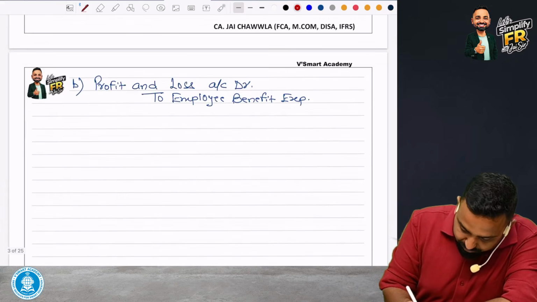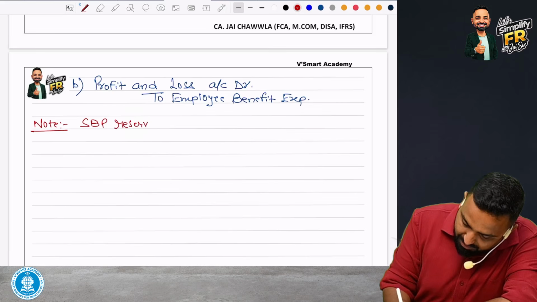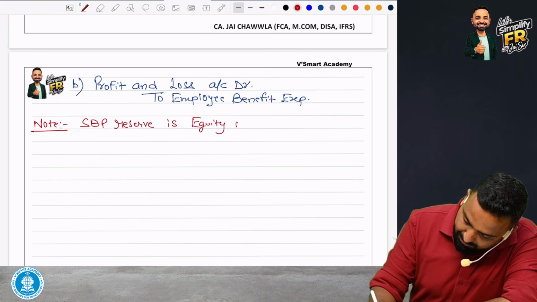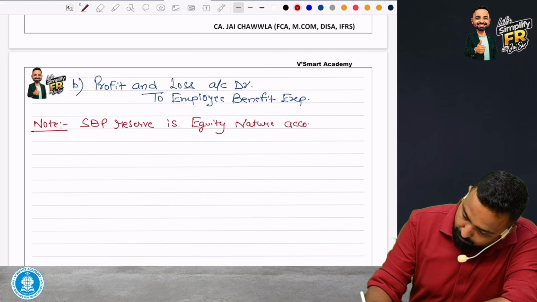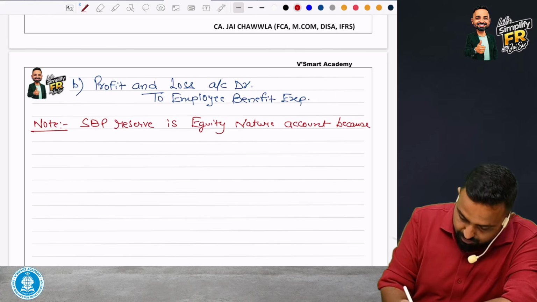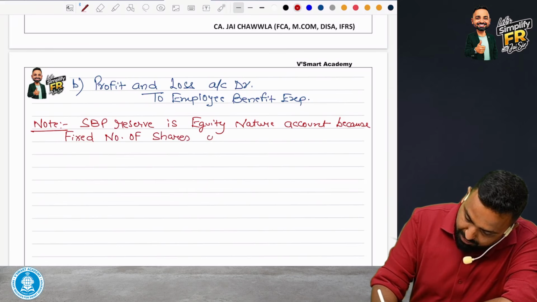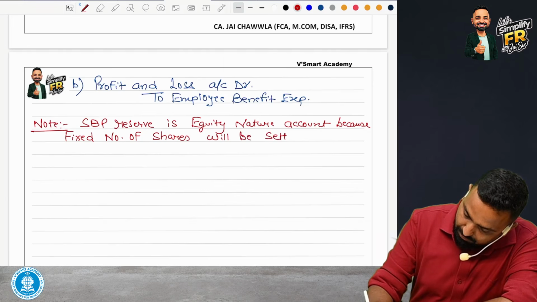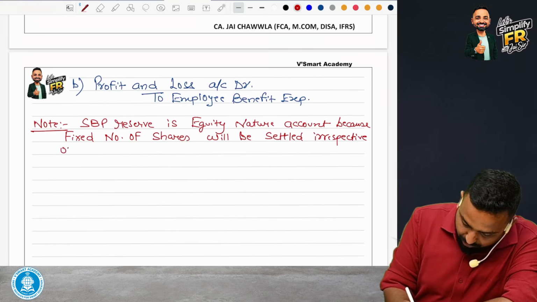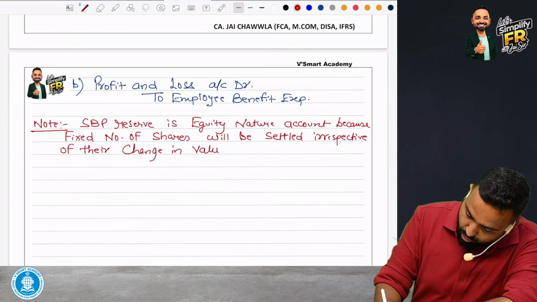So note: SBP reserve is equity nature account because fixed number of shares will be settled irrespective of change in value.